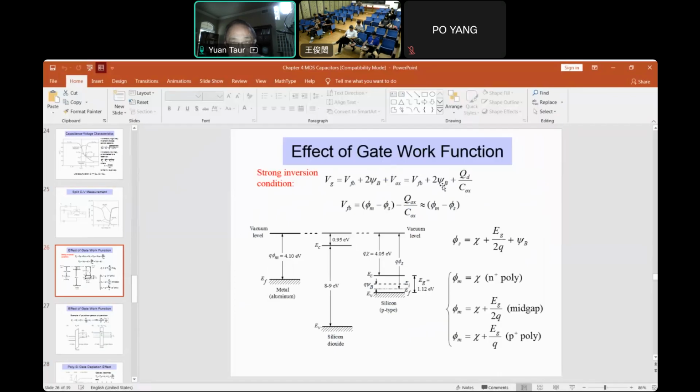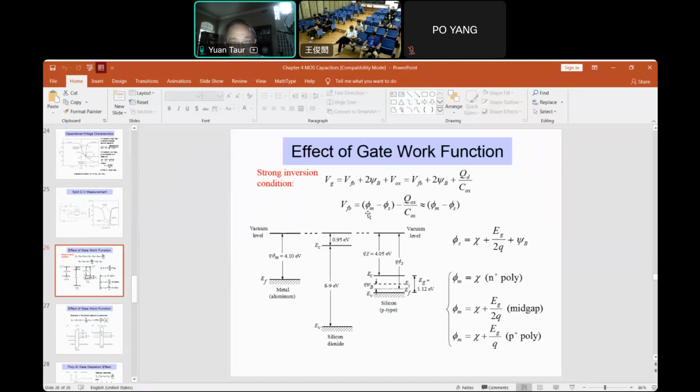And the second term actually is one we are pretty sure about. It's about 0.8, 0.9 volts within 10% or so. So the most important factor is due to the first term, the flat band voltage. And just to remind, this is actually the first chart in chapter 4.